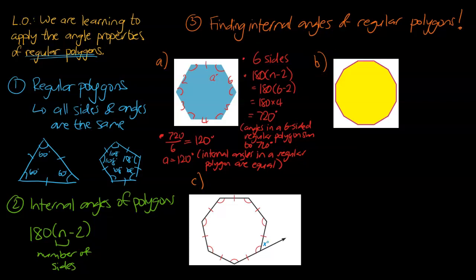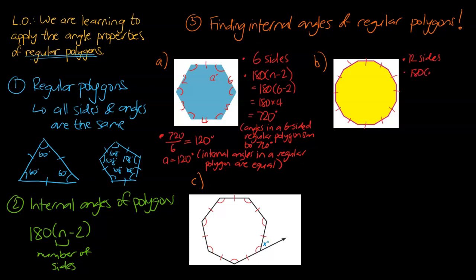Question number B. First step, you need to figure out how many sides we have. So we've got 1, 2, 3, 4, 5, 6, 7, 8, 9, 10, 11, 12. We have 12 sides. Our second step, like we did in the previous question, is to find out what the total of the angles is going to be.